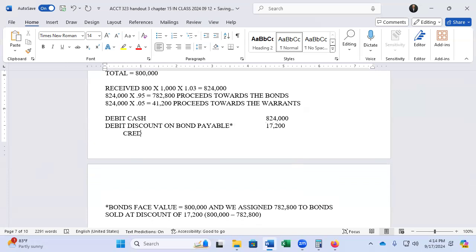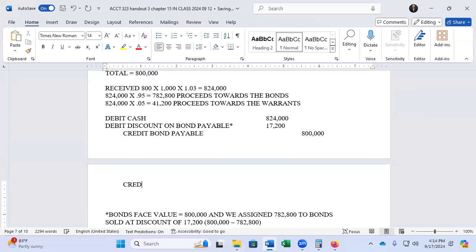We're going to credit bonds payable of 800,000, and we're going to credit paid in capital for stock warrants for 41,200.